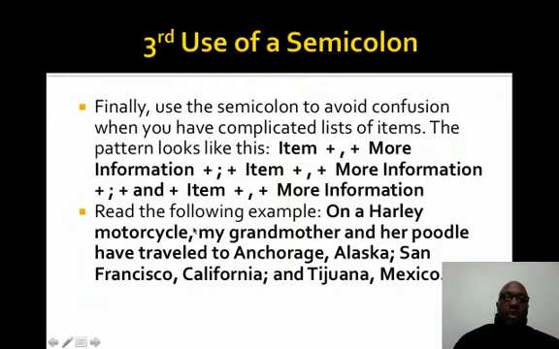On a Harley motorcycle, my grandmother and her poodle have traveled to Anchorage, Alaska; San Francisco, California; and Tijuana, Mexico. So basically, the semicolon can be used to separate complicated lists of items. When you have a city and a state, you can use a semicolon to separate the next set of cities and states.